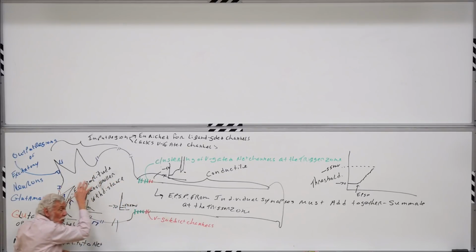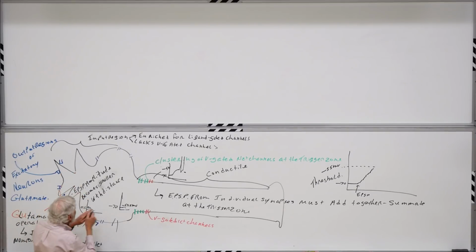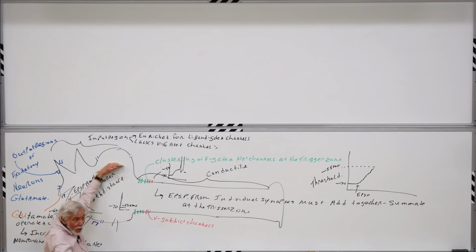If we have lots and lots of leak channels, what's going to happen to the amplitude of each of these EPSPs as they move across this leaky membrane? What's going to happen to the positive charge? It's going to go out. So what's that going to do to the amplitude? It's going to get smaller.